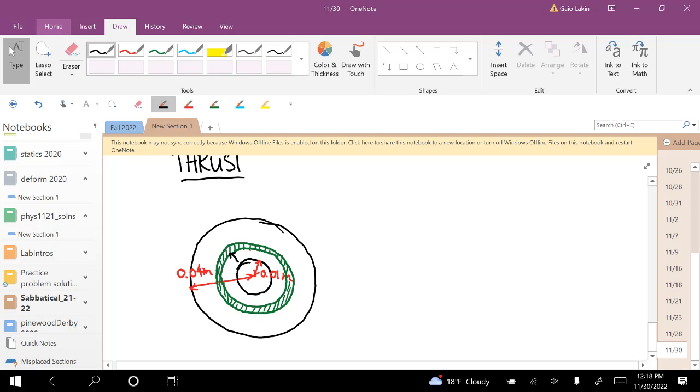The thickness of that ring is dr. From the center to that ring, that distance is our little r.